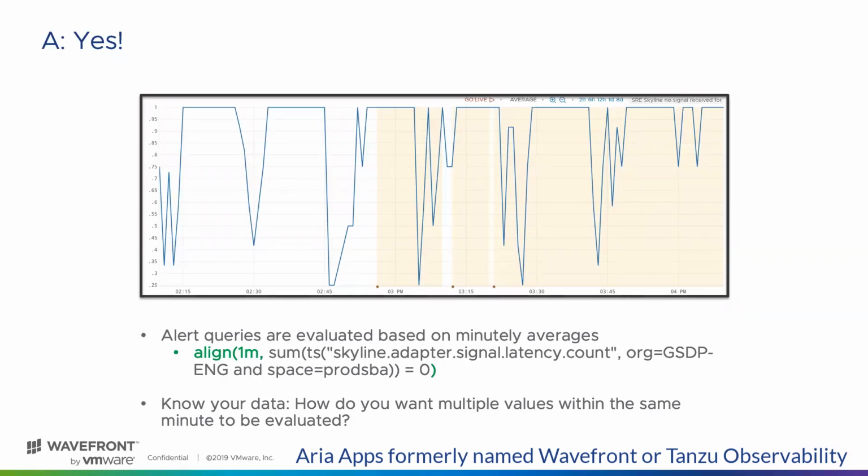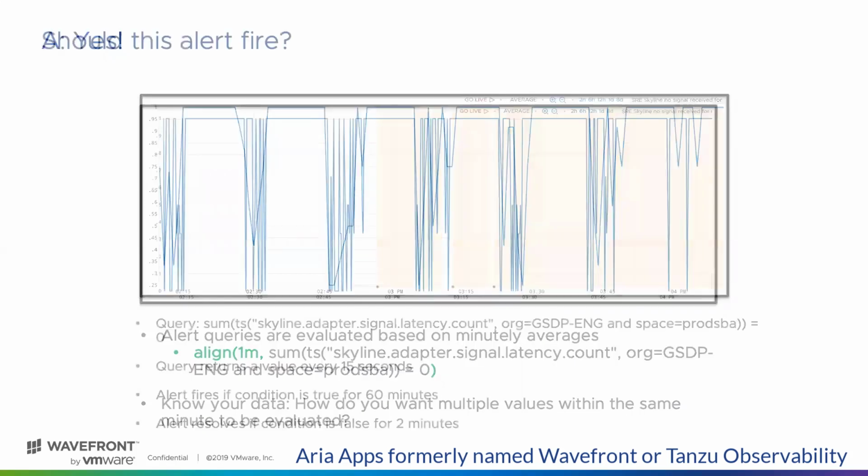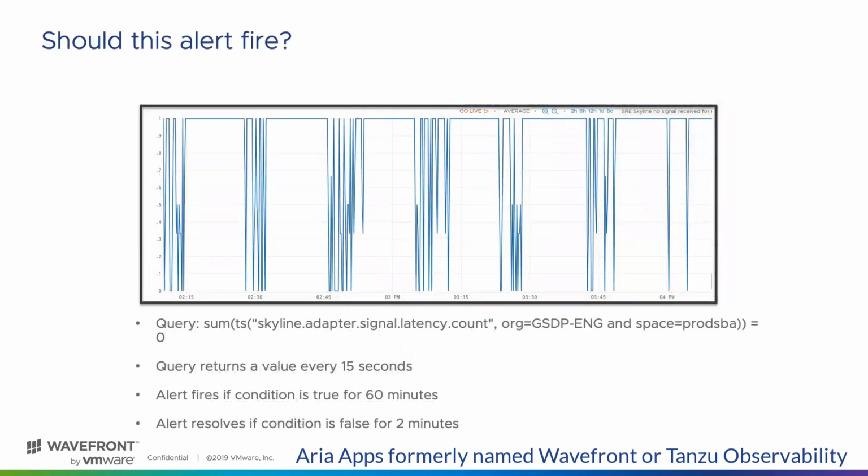Assuming, of course, that the user did not want the alert to fire, which when we look at the original data, certainly looks that way. You would certainly look at this and think, yeah, the alert should not fire in this case.